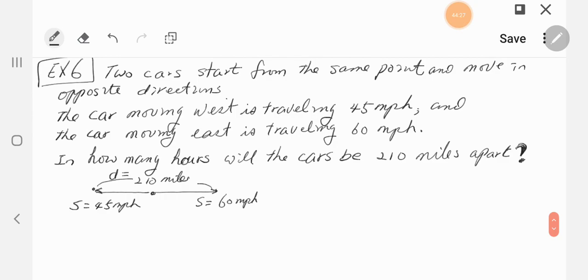So the total distance is 210. The total distance is the sum of 2 distances, going west and going east. So this will be the distance going west plus the distance going east, right?